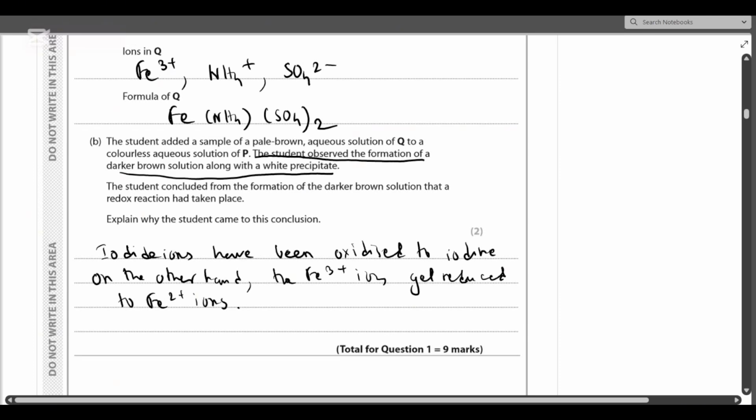Okay, so the formation of a darker brown solution basically indicates that iodine was produced, and from this the student came to the conclusion that a redox reaction has taken place, since obviously if iodide ions are oxidized, the Fe3+ must have been reduced.